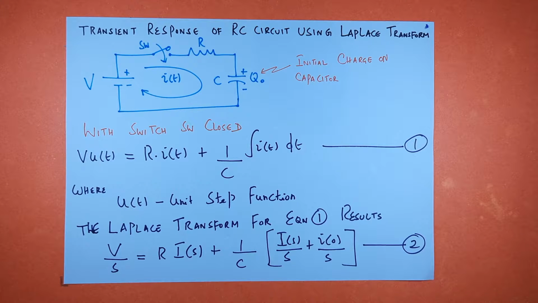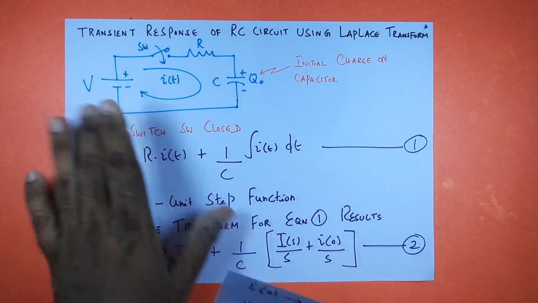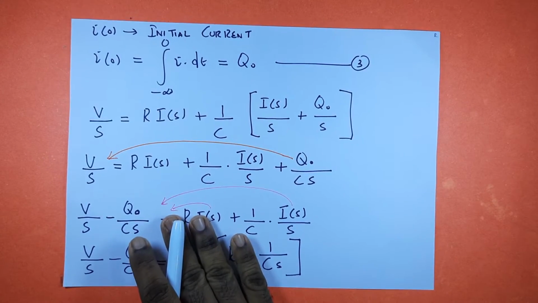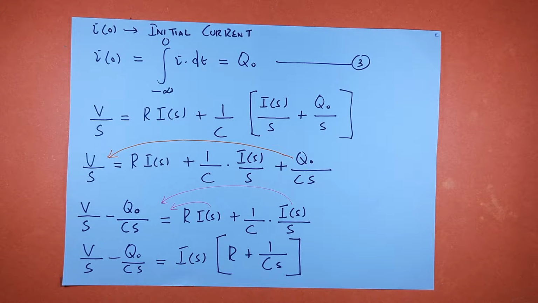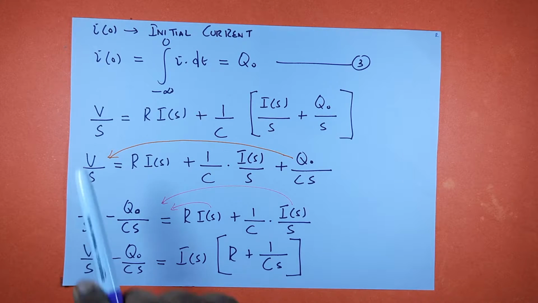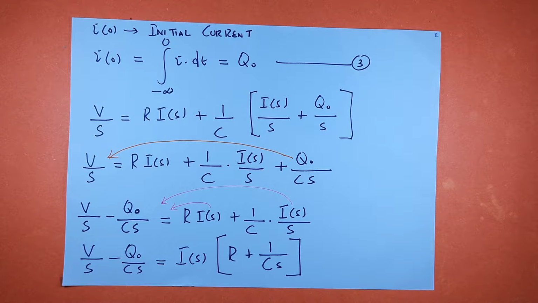So you get V by S equal to R into I(s) plus 1 by C into I(s) divided by S plus i naught divided by S, where this i naught is the initial current. i naught equal to integral minus infinity to 0 of i dt, which is nothing but the initial charge across the capacitor, Q naught. We can call this equation number 3.